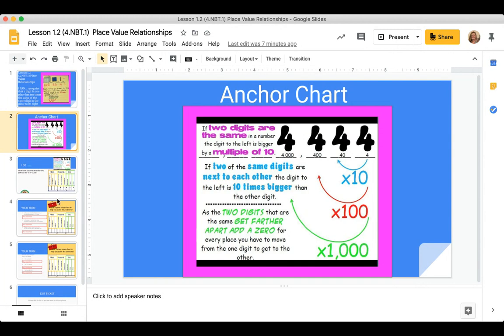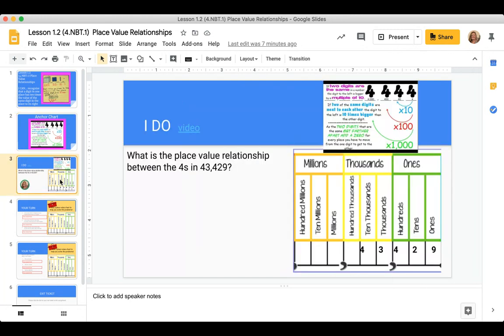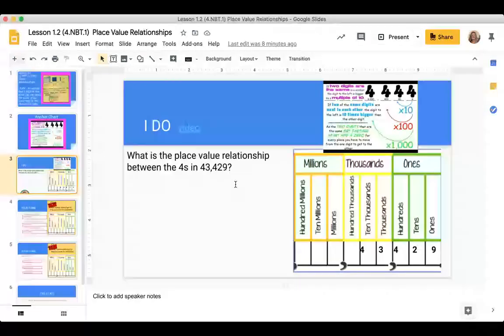Now, we're going to look at how this applies to my I do question and how it would carry over into the rest of your problems. All right, so we have our place value chart that we are going to use to help us in our lesson. And then we have our question and our number. What is the place value relationship between the 4s in 43,429?